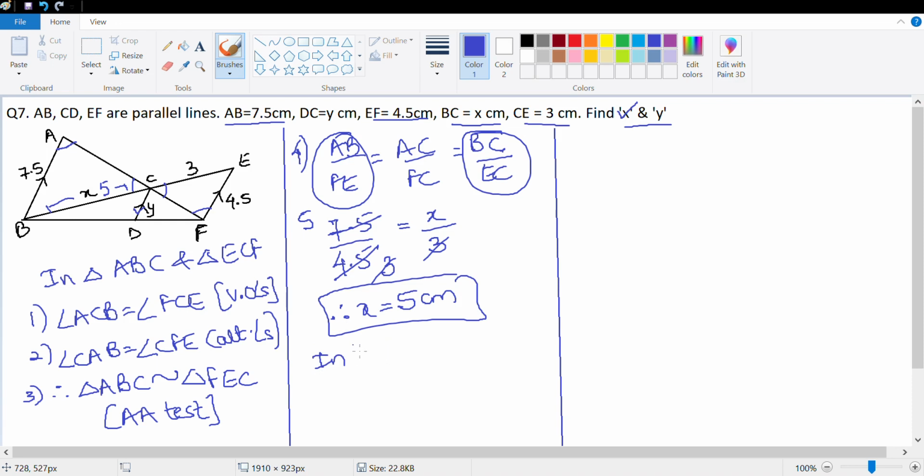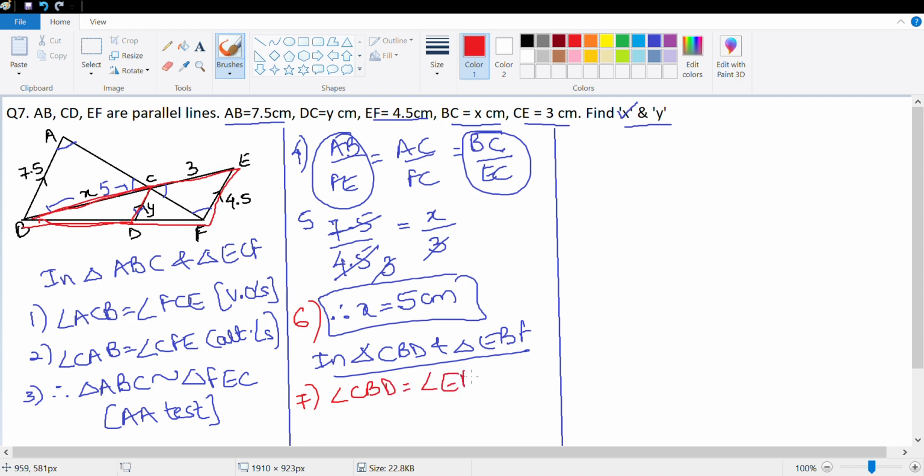In triangle CBD, which is the small triangle, and the big triangle, not CEF, the big triangle EBF. So in triangle CBD and triangle EBF, I'm looking at this small triangle here and this big triangle here. So this is point number 6. What I have is angle CBD is equal to angle EBF.